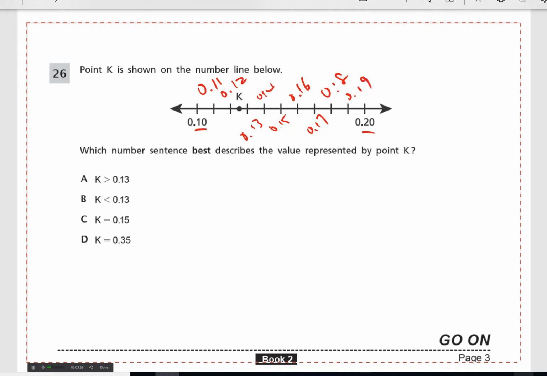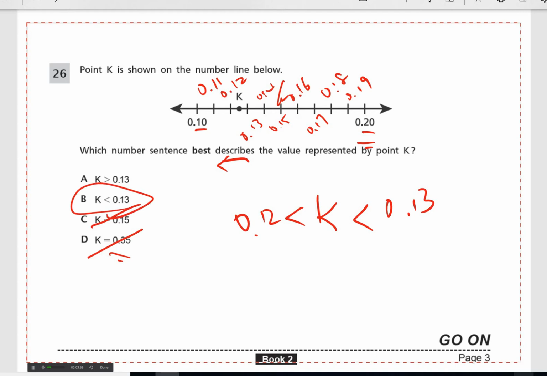So K is between 0.12 and 0.13. It's definitely not equal to 0.15, since it should be here. And there's no 0.35, so forget about it. So all you have to ask yourself is whether K is greater than 0.13 or smaller. It's to the left of 0.13, so it has to be smaller.